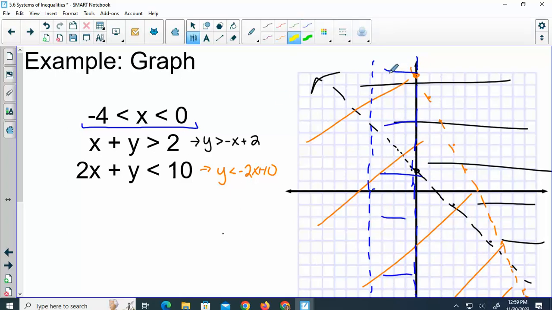So our overlap. And we can have more. Here, essentially, we had 4 equations. The x equals negative 4, x equals 0, and then the other 2.